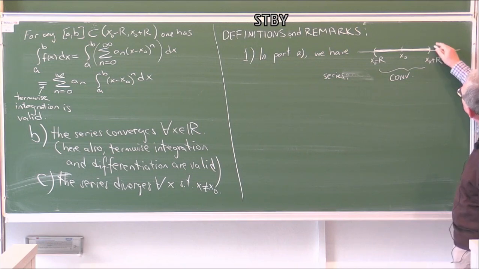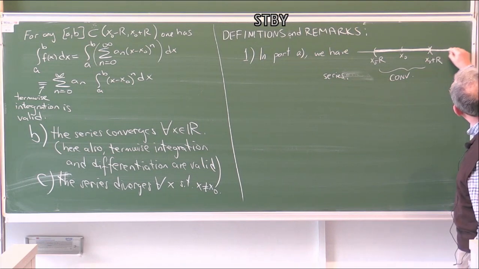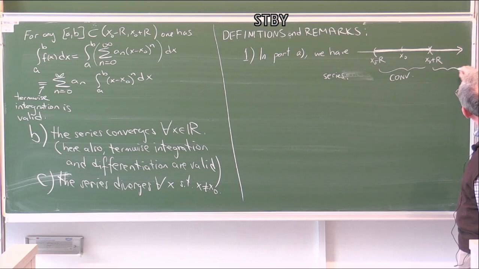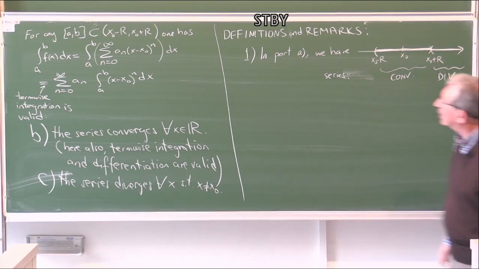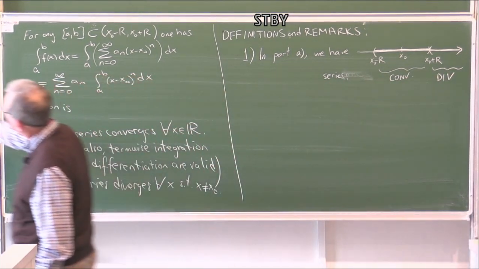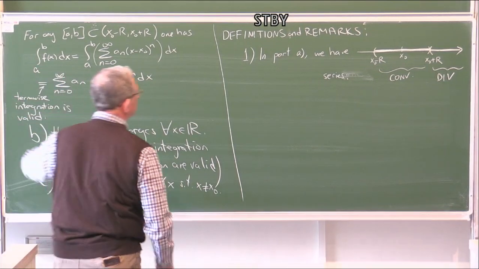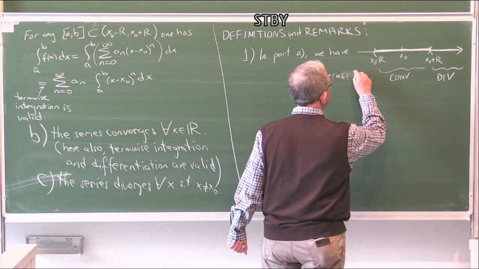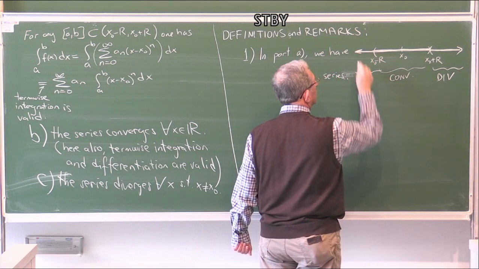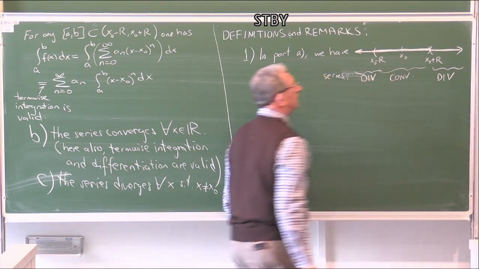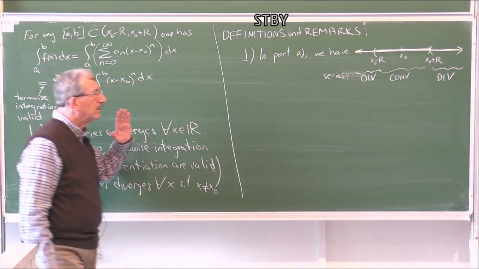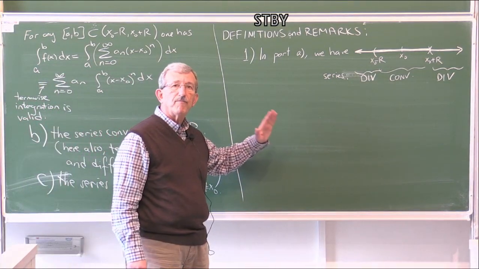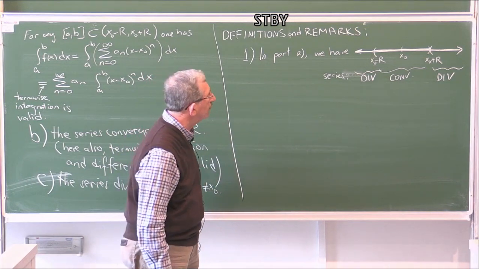And if we forget the endpoint and continue this way, the series is divergent because then the distance of x to x0 is outside this closed interval, so it is not in there. And similarly here, we have divergence of the series. So R here tells us the boundary, how far x can go away from x0.